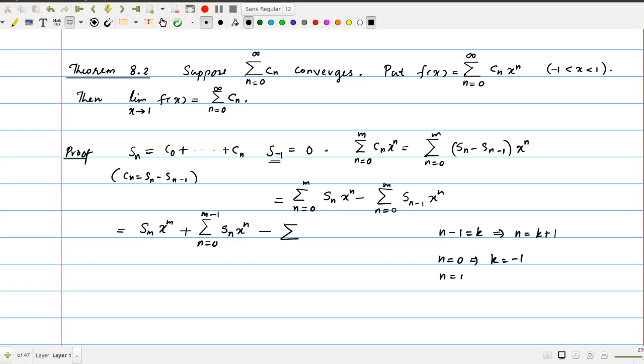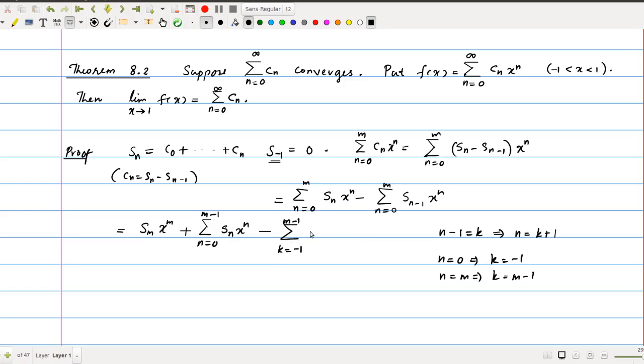Whenever n is equal to m we have k equal to m minus 1, by putting n equal to m in this equation. So if we replace the summation in terms of k, k starts from minus 1 because n starts from 0 here, and goes all the way up to m minus 1.